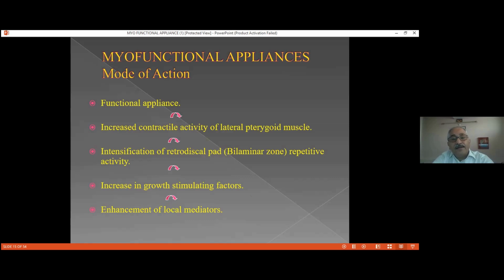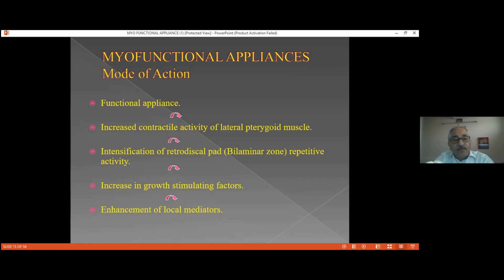Now, this retrodiscal pad is situated in the bilamellar zone, which is posterior to the condyle, and it is attached to the temporal bone and to the neck of the condyle.